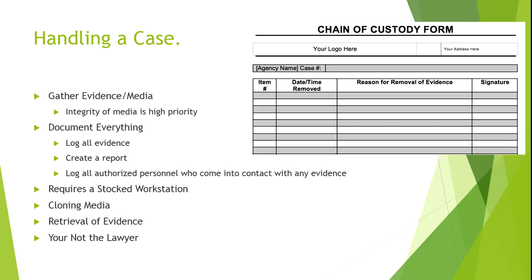Cloning media is very important when it comes to computer forensics. Basically, I would go out and buy another hard drive that's the exact same model and size as a hard drive that has evidence I need to pull off of it. The reason is that if I'm going to make a complete copy, a clone of the hard drive, I'd be making it on something that would accept it more capably, so we wouldn't run into any errors.